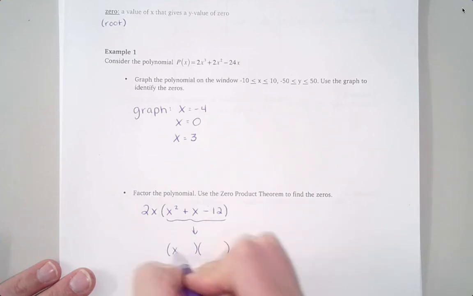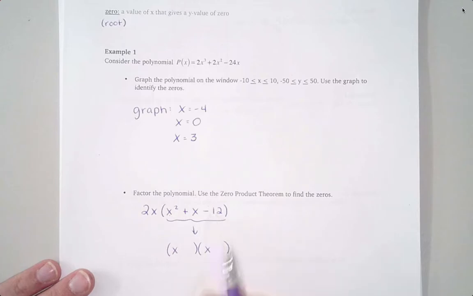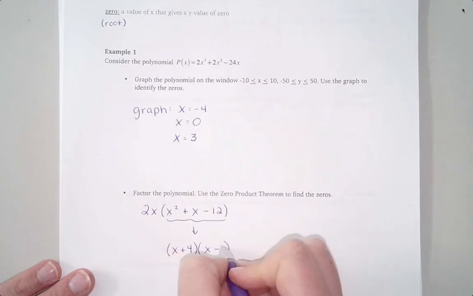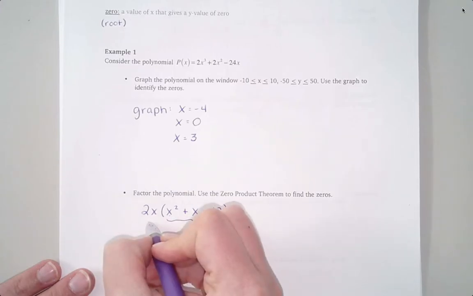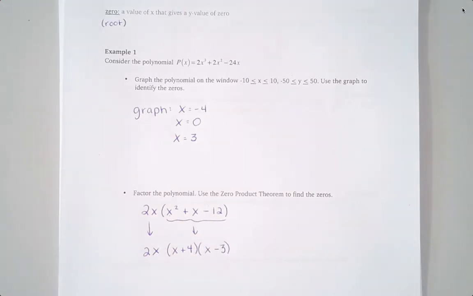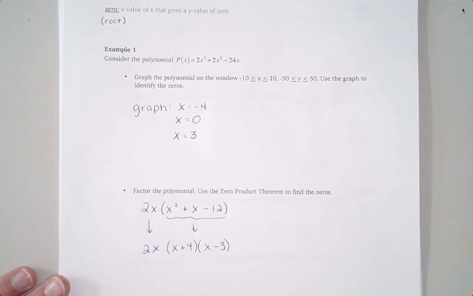I know it's going to be x and x, because that's how I'm going to make my x squared. Because this is negative, I'm going to have 1 plus and 1 minus. And then I need numbers that multiply to 12 and add to make this 1 in the middle. So I believe that's going to be a positive 4 and a negative 3. And then I'm also going to drag my 2x down in front. So this is factored form.